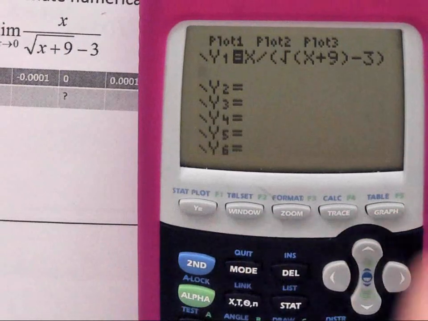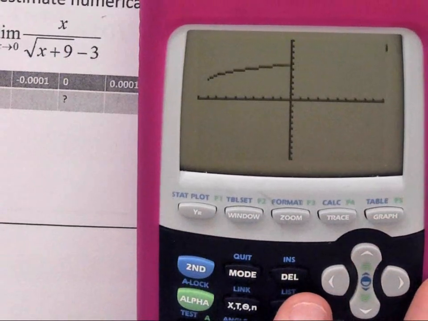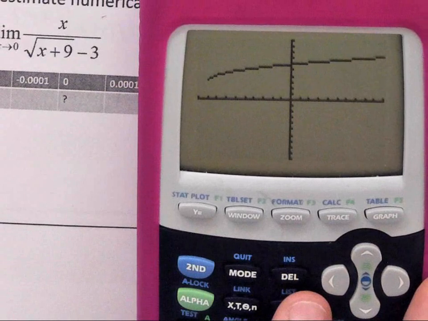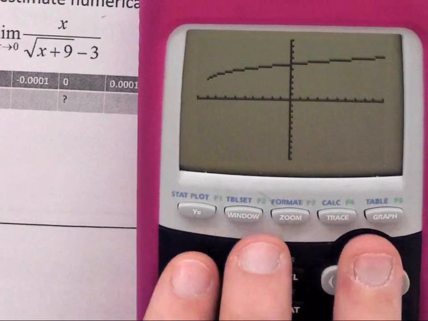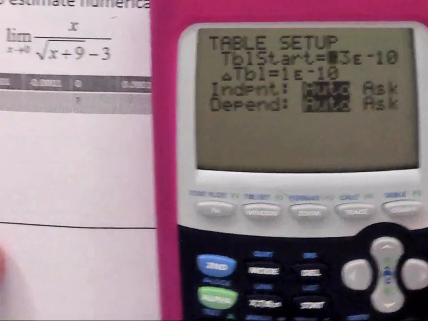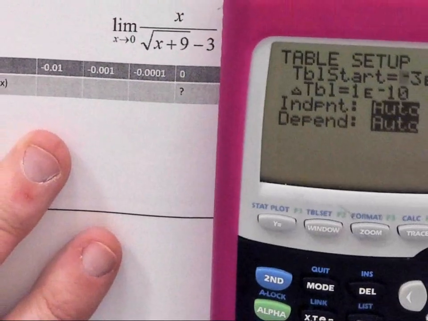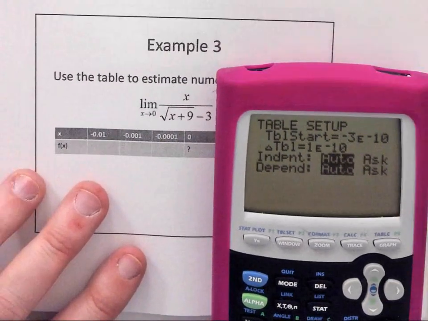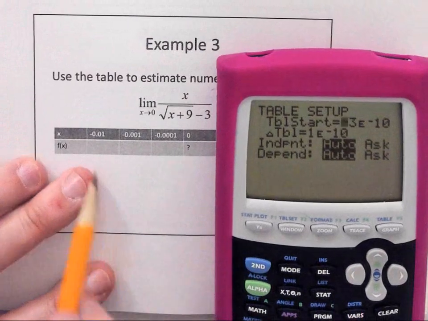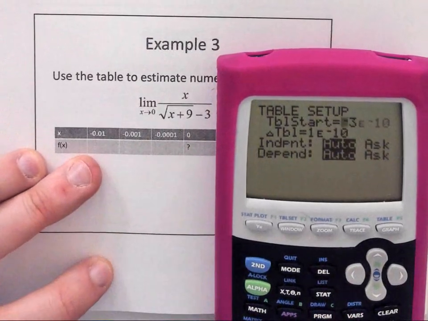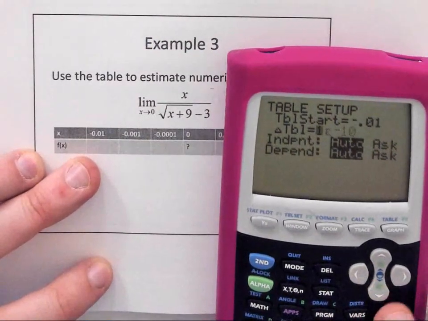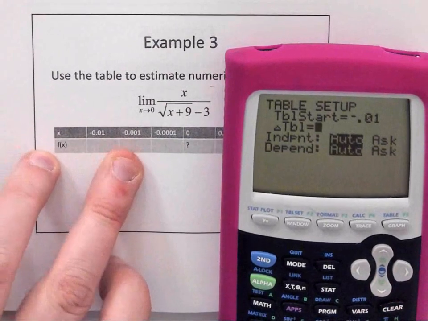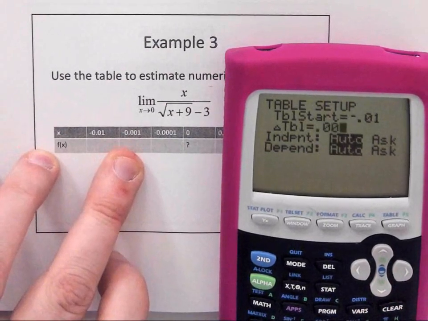Now, if I graph it, nothing really weird looks like it's going on. It's just kind of a curve. But if I were to use the table, I'm going to go to second and table set, and I'm going to put in values here. So second in the window on your calculator. Okay? So I'm going to actually put my start at negative 0.01. And then I'm just going to increase by 1 smaller. So 0.001.